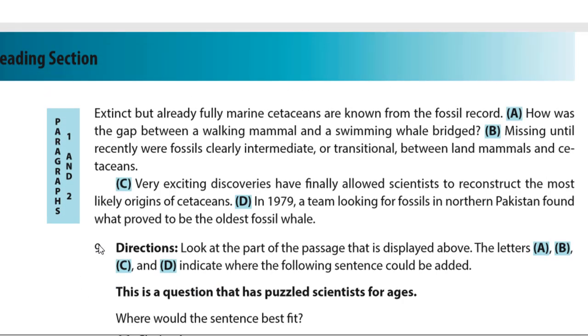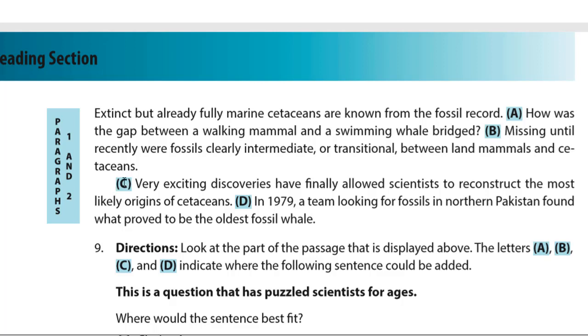Let's see now. A. Extinct but already fully marine cetaceans are known from the fossil record. No, it's wrong. It's not A. B. How was the gap between the walking mammal and swimming whale bridged? So it could be B because we have a question here. C. Missing until recently were fossils clearly intermediate or transitional between the mammals and cetaceans.